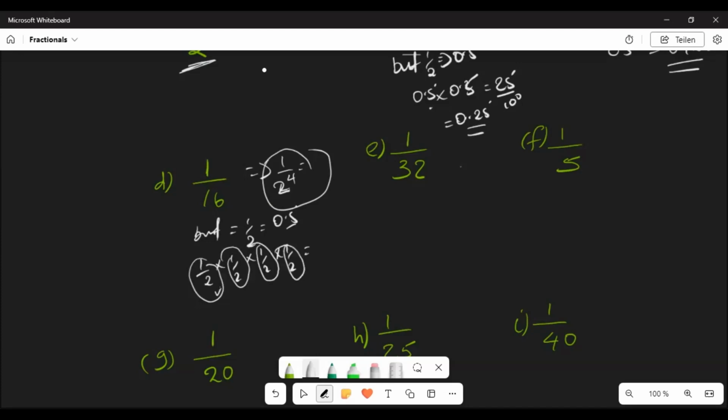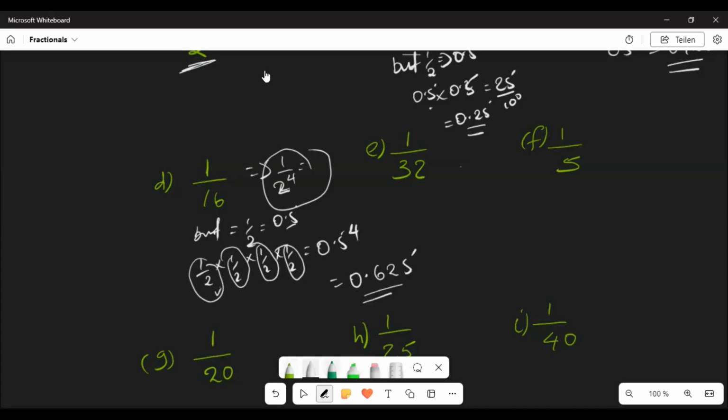So in other words, we're just saying 0.5 raised to the power 4. 5 raised to the power 4 gives you 625, so this is going to be 0.0625. So easy, it's not so much to do.